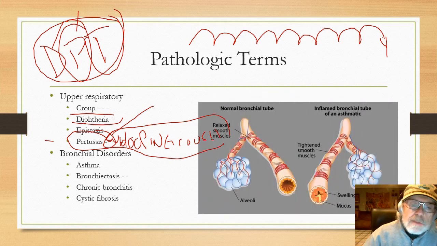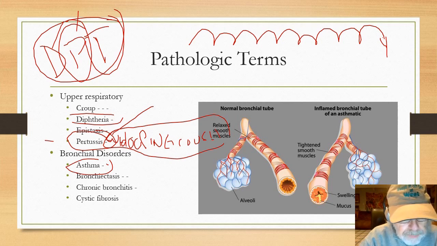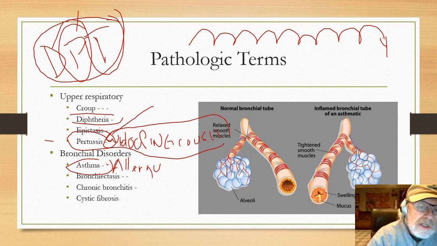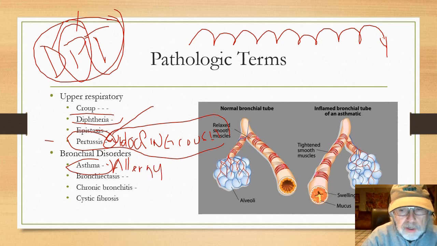Asthma. Asthma is really common. Both of my boys have had some level of asthma. Asthma is usually caused by allergy: somebody has an allergy, and the allergy triggers the asthma episode. However, we're finding a lot more people now whose asthma is triggered by things like a cold.